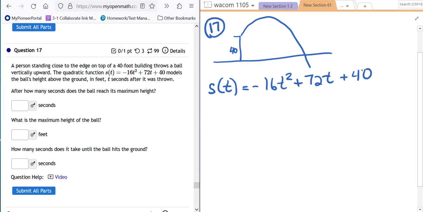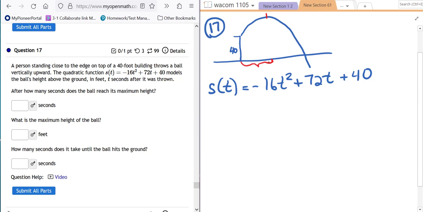And it's asking us, after how many seconds does the ball reach its maximum height? Its maximum height is going to be at the vertex. So we want to know about that point. The x-coordinate of that vertex is how long it takes to get there.